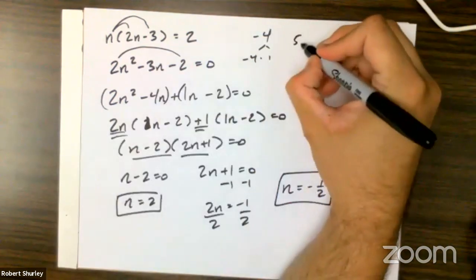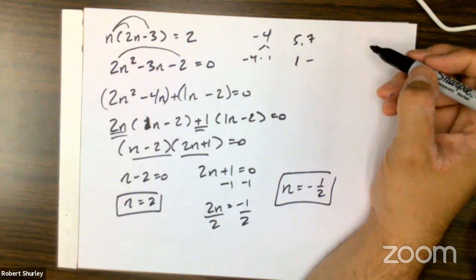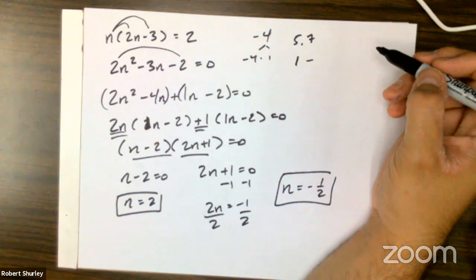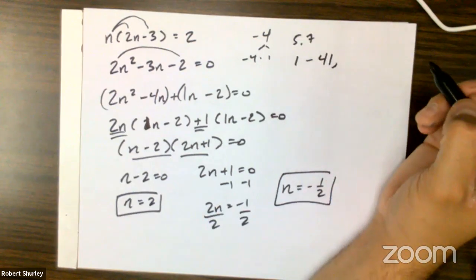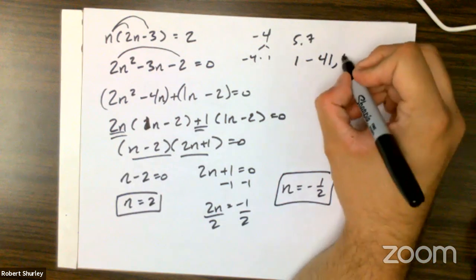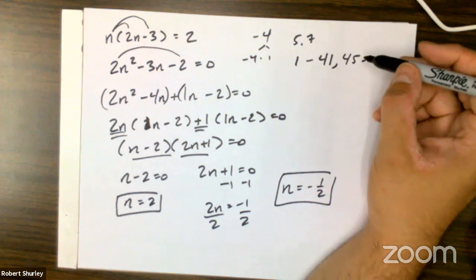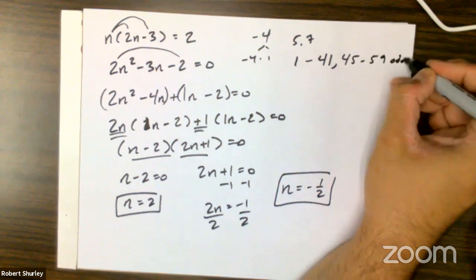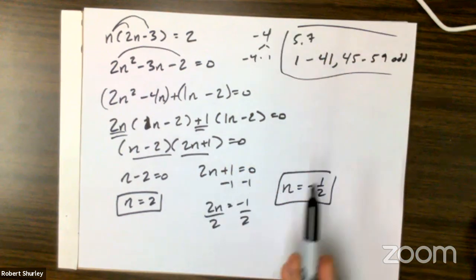For homework in 5.7, I want you to do 1 through 41, the odd ones, and then 45 through 59, the odd ones. Pretty straightforward. So that's the last concept.